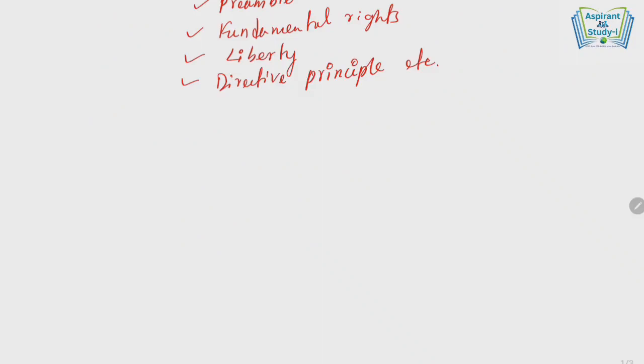Let's understand democracy. What are the features of democracy? First, democracy is always with the consent of the people.